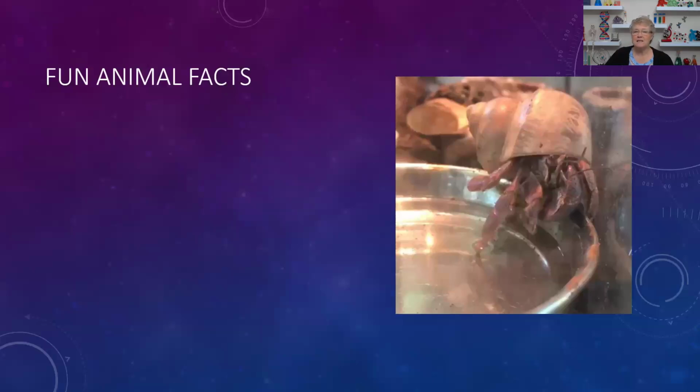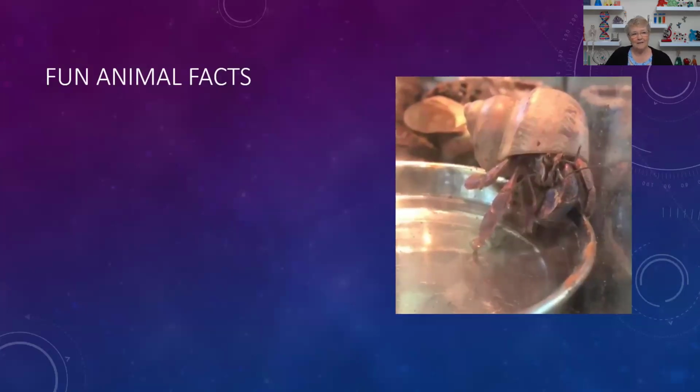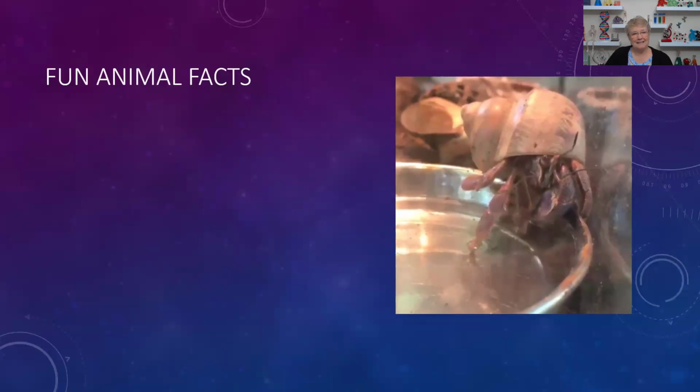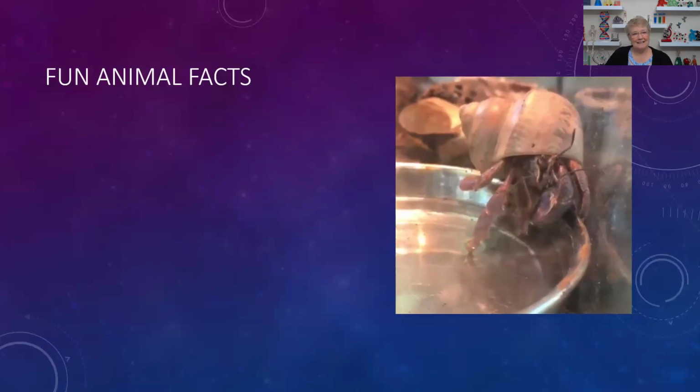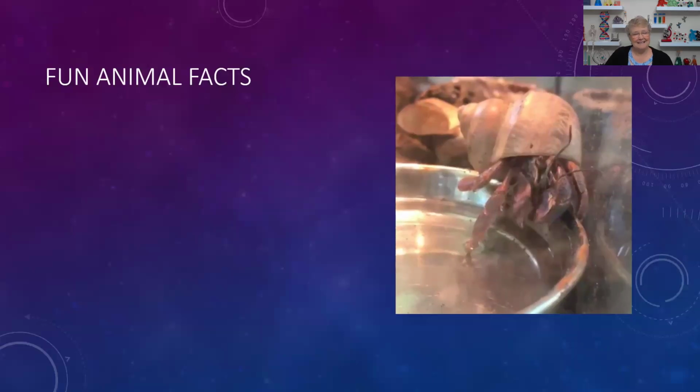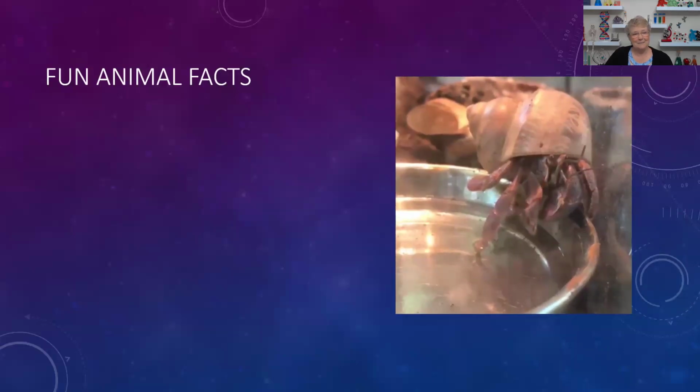They dip their claws into the water and scoop water into their mouths. Imagine if that's how you had to drink, scooping the water into your mouth. Let's watch. See how it's scooping the water and pulling it right up to its mouth. It does look like it's kind of flicking it, but yeah.